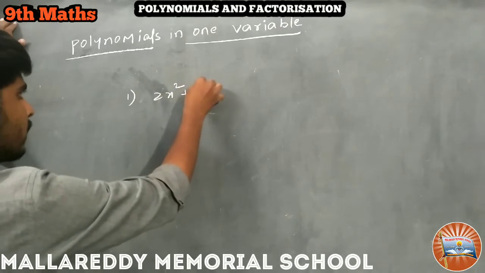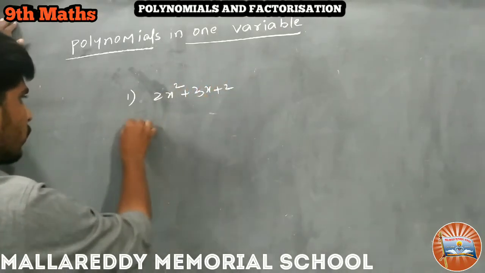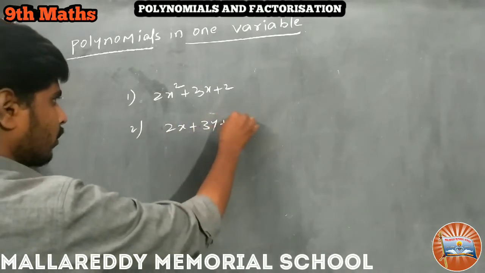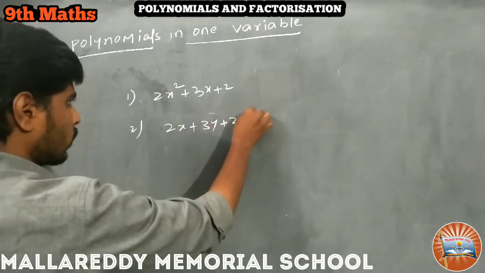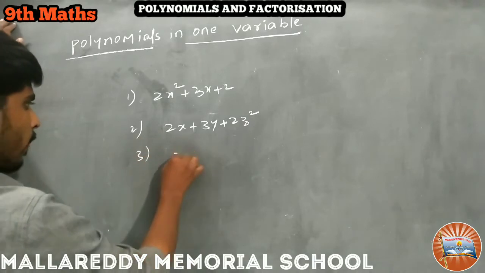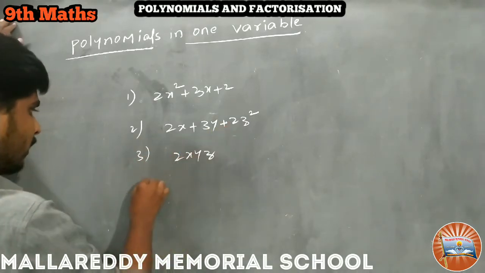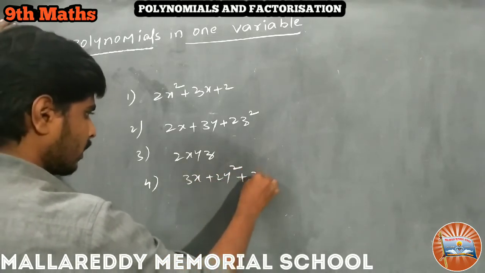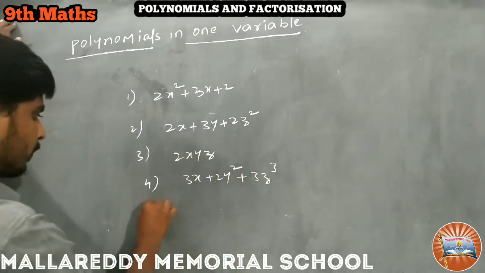2x square plus 3x plus 2. Second one, 2x plus 3y plus 2z square. 2xyz. 3x plus 2y square plus 3z cube.